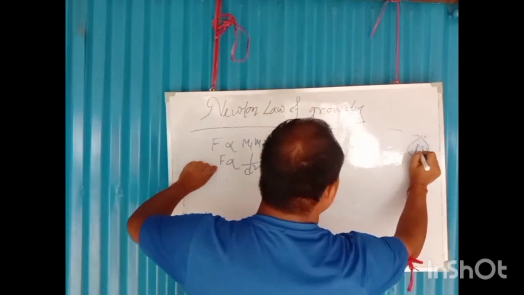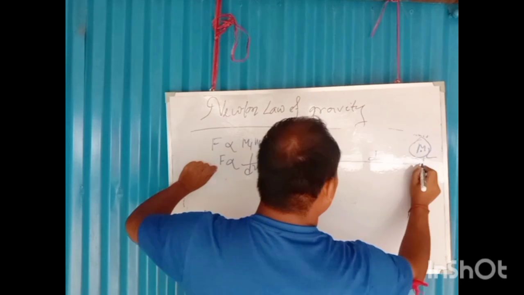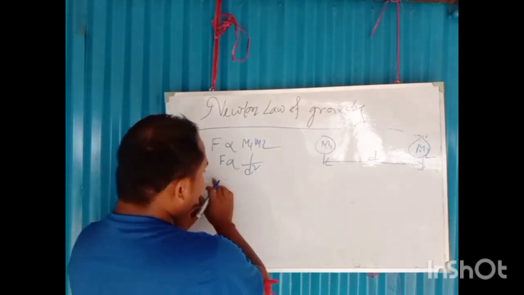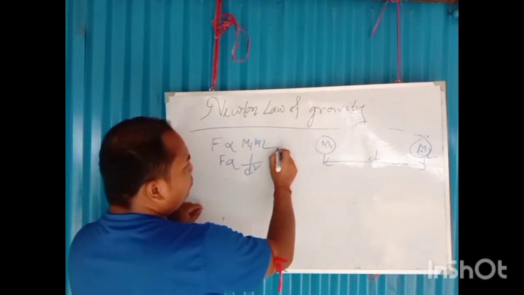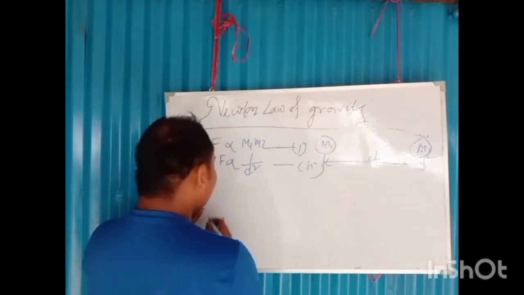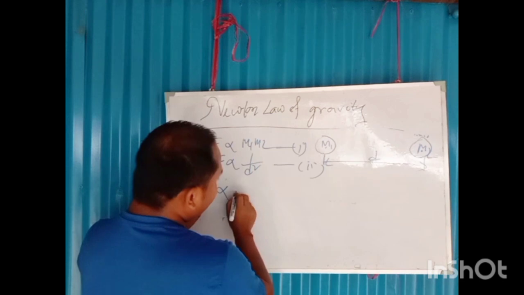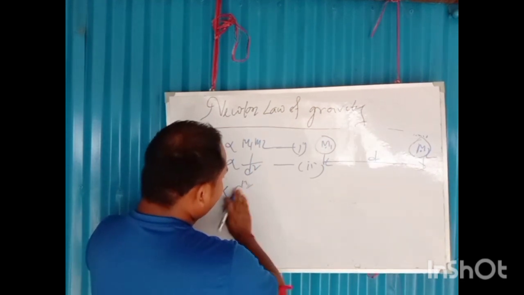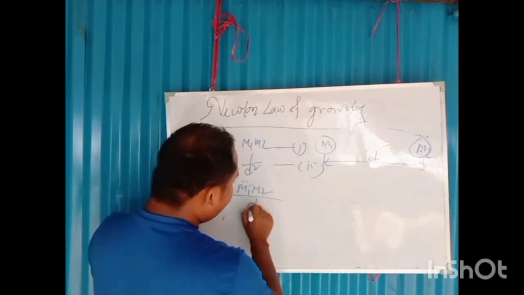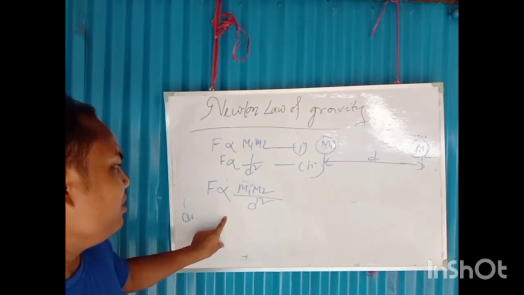This is the center point of each, and the distance between them is d. If we combine these two equations, the first one and the second one, F is proportional to m1 m2 by d square. The formula will be like this.